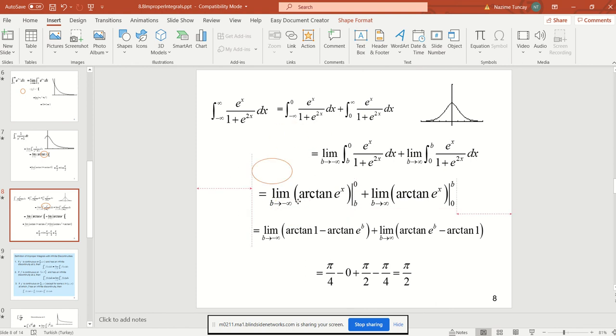And here we take the limits, and again arctangent of x, and arctangent of x, and we take b to 0, and we find the result. So when it is from minus infinity to plus infinity, we divide it into two parts, and we solve it like that. This is the idea: two parts, and we solve it as a limit equation.